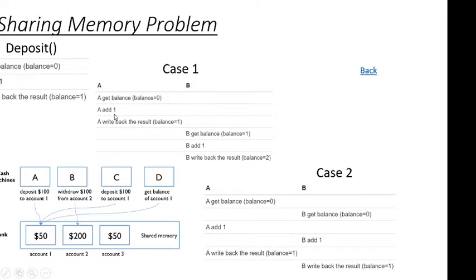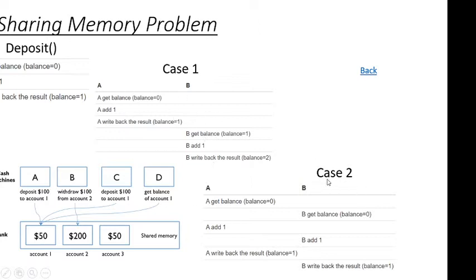So 0 ma 1 add huncha 1 huncha, and he writes it back to the result, balance equals to 1. So balance equals to 1 goes back to account 1 and balance becomes 1. After some time, ATM B says, please get the balance. Now the balance reads 1. So whatever he reads, he adds 1 to what he reads and he writes back result 2. It is fine. A added 1, balance 0 became 1. B added 1, 1 already थियो, 2 भयो, it's perfectly fine.